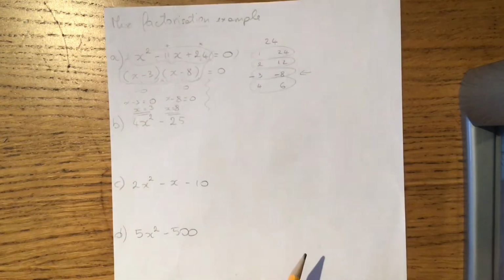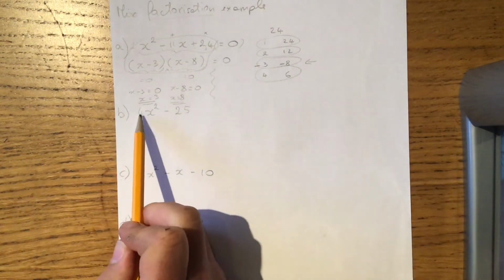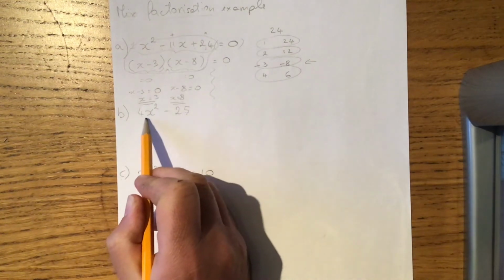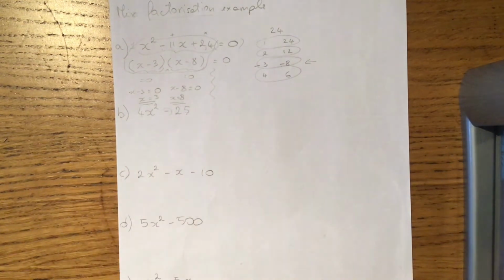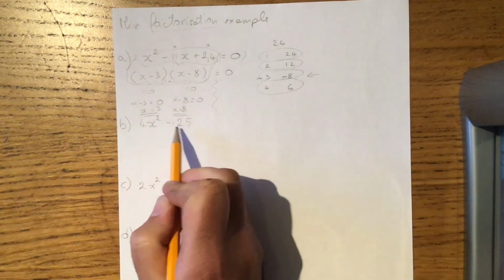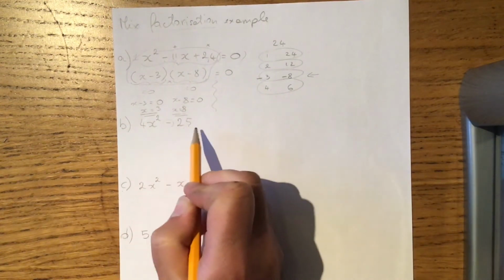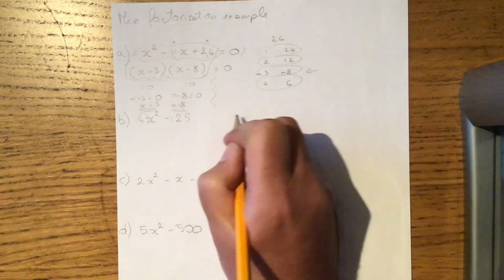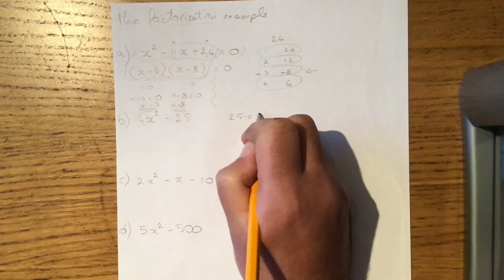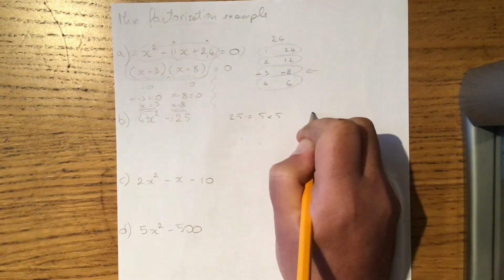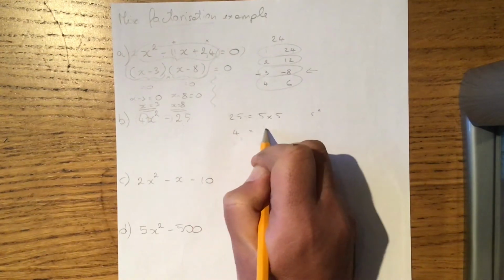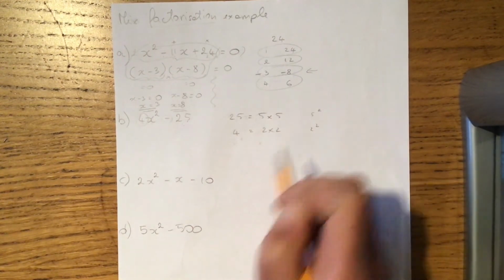Now the second example is 4x squared minus 25. When there are only two terms and there is a minus in between, it is very likely to be a difference of two squares. Now look at those two numbers. This is a perfect square. So 25 is 5 times 5, or 5 squared. 4 is 2 times 2, which is 2 squared.